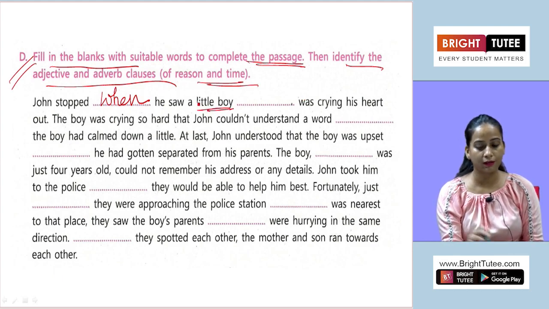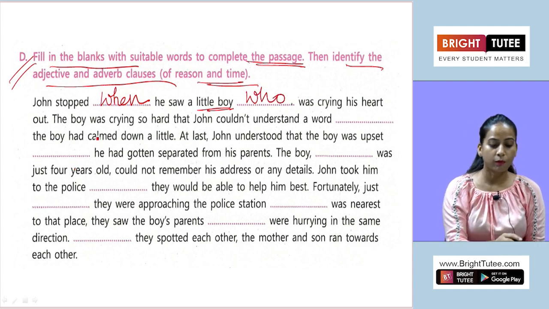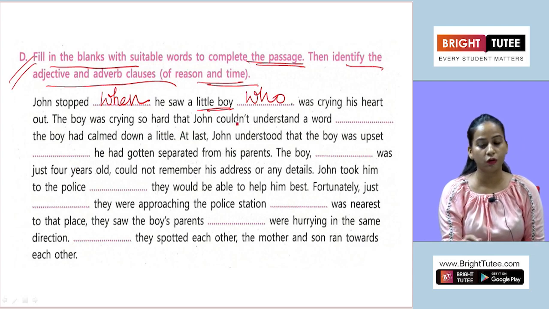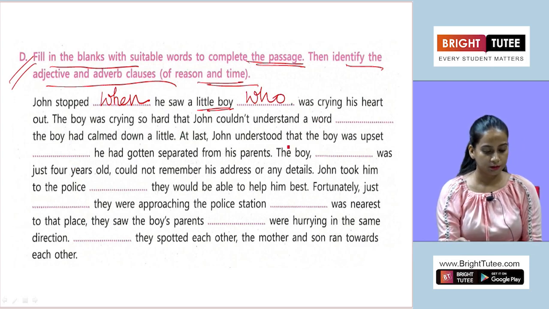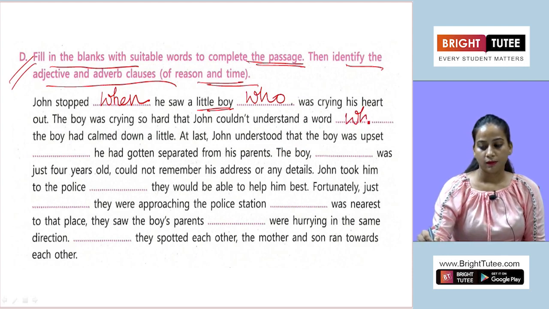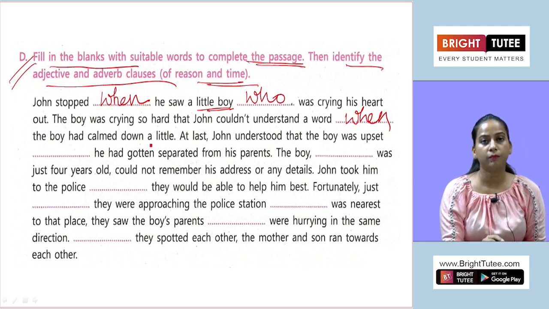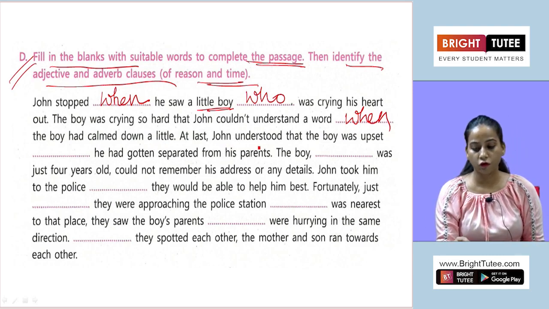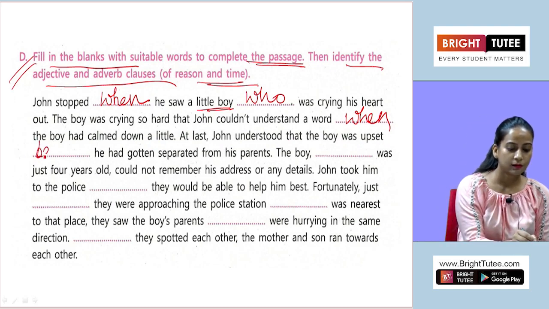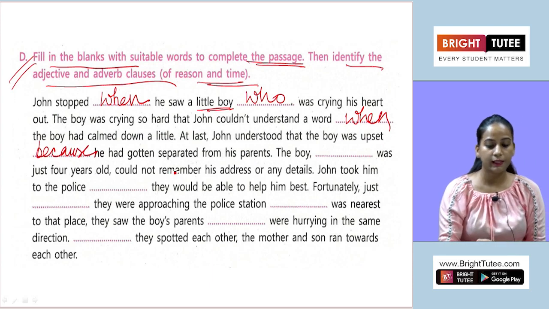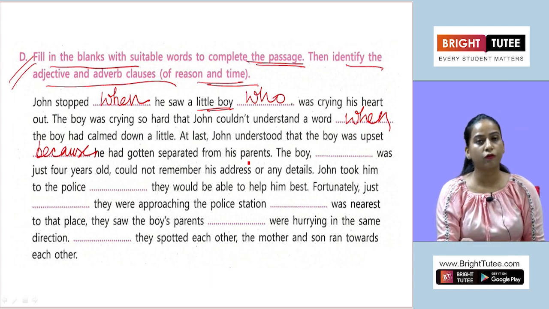Little boy, according to that, if we are going to write here, who was crying his heart out. The boy was crying so hard that John could not understand a word. When the boy had calmed down a little, at last John understood that the boy was upset because he had gotten separated from his parents.